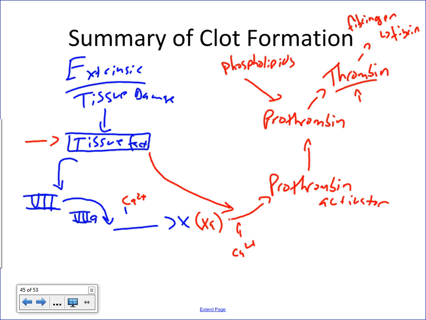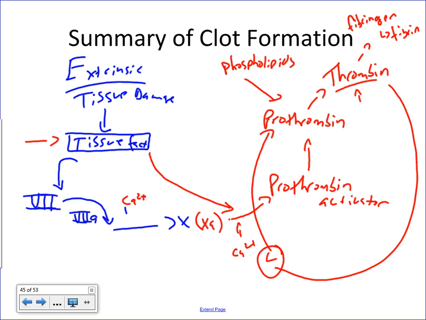Thrombin interacts with clotting factor 5, and clotting factor 5 essentially can speed this up. So if we crank out thrombin at a faster rate, or as long as thrombin is around and clotting factor 5 is activated, we can produce clots more quickly.